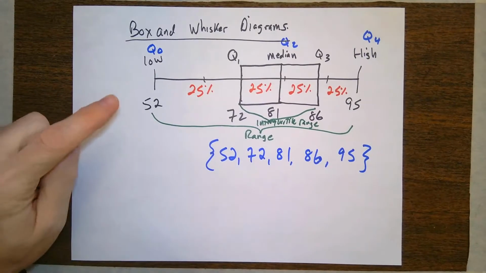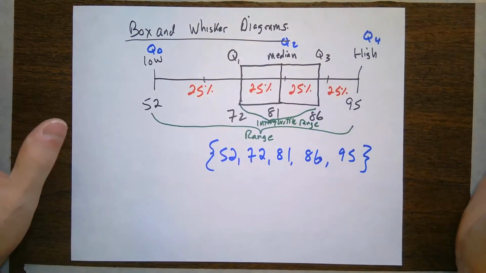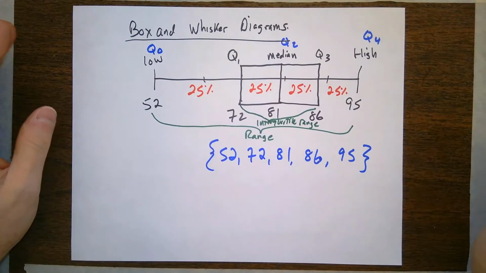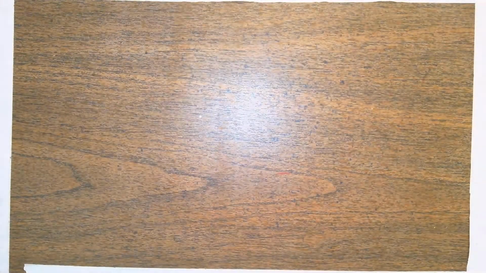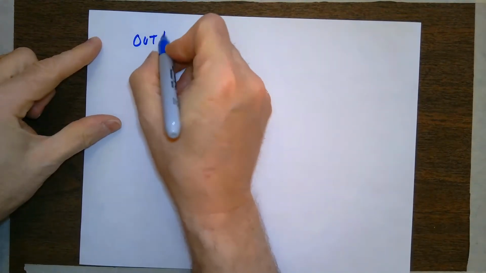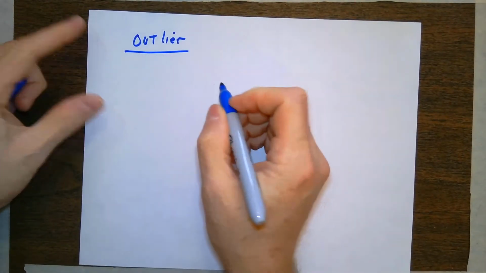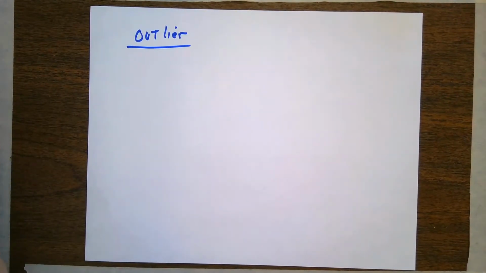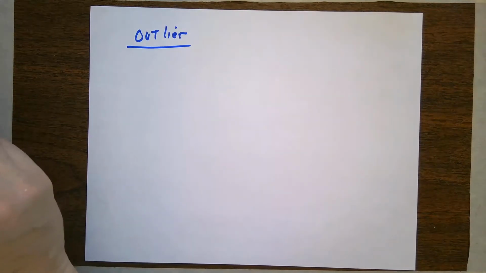Now, sometimes we get a number that's way outside of our data set. We have a special name for that and a special calculation for that. That's just something we would call an outlier. An outlier is a piece of data that is very far from all of the other data.